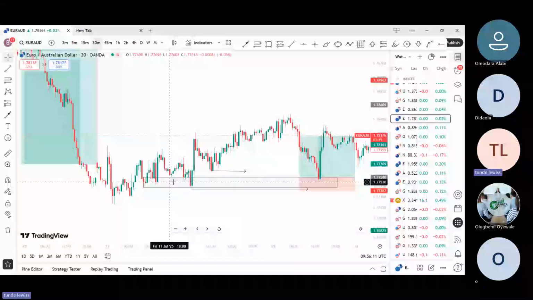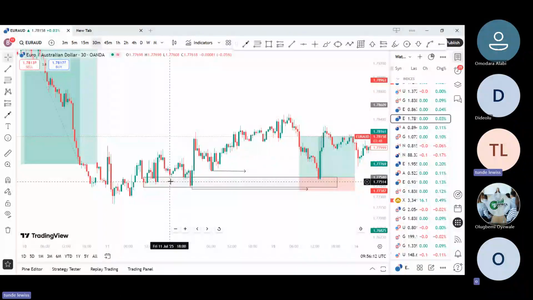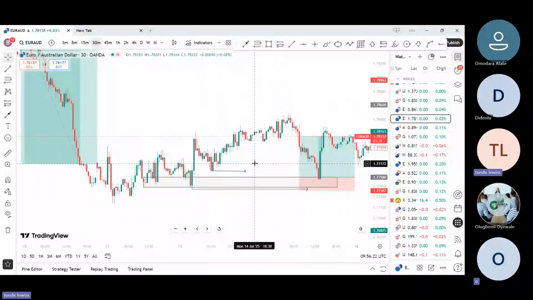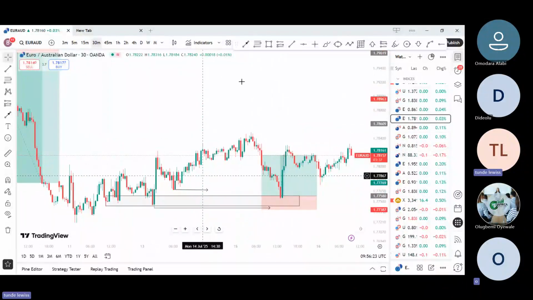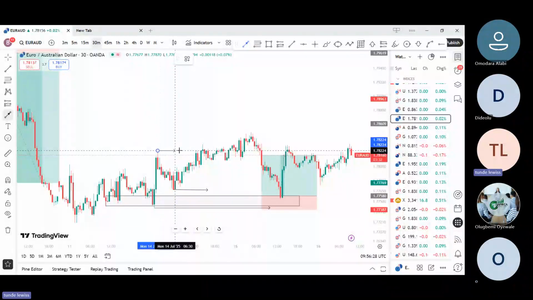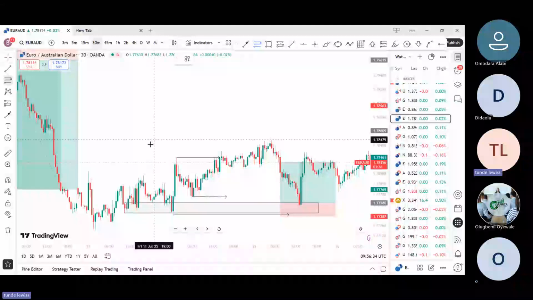I was using the QMR entry because, after the market tapped into this zone multiple times, from this point here it looks fresh, and the pullback went back to break the structure, which makes my structural liquidity more valid.